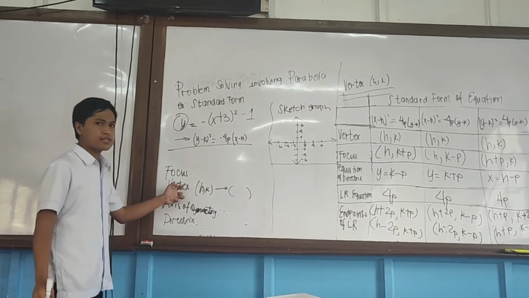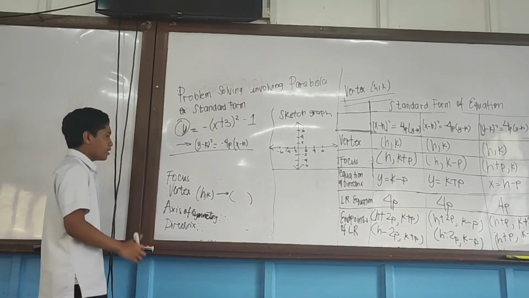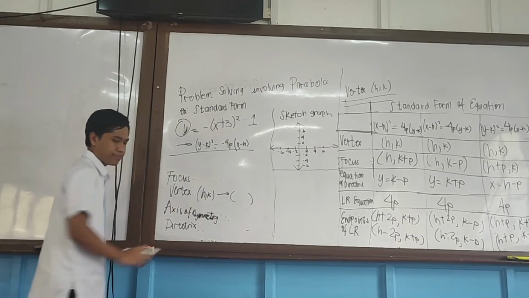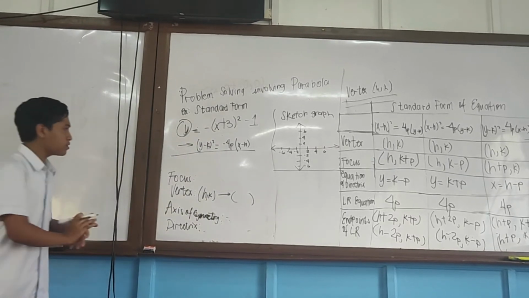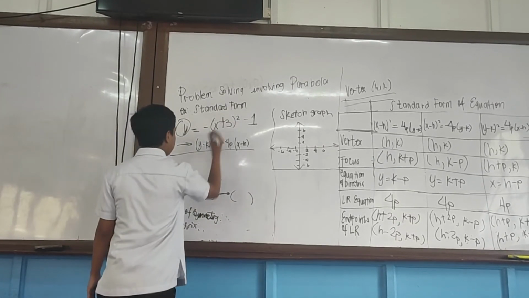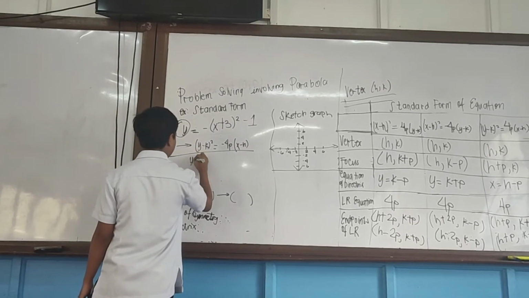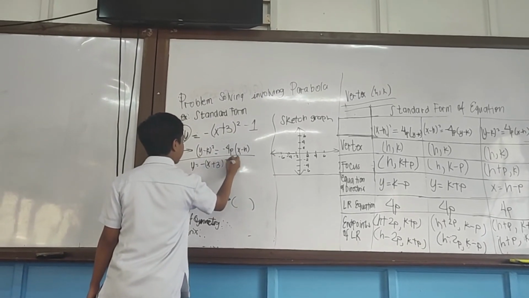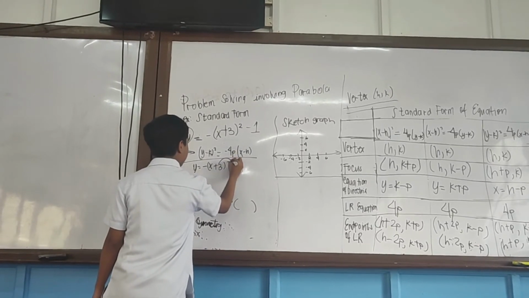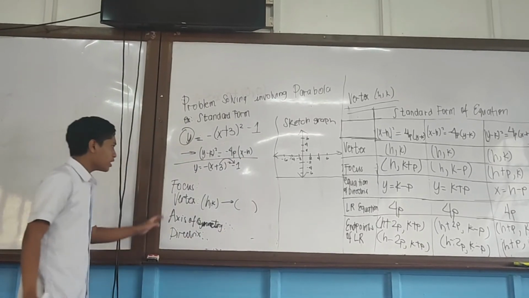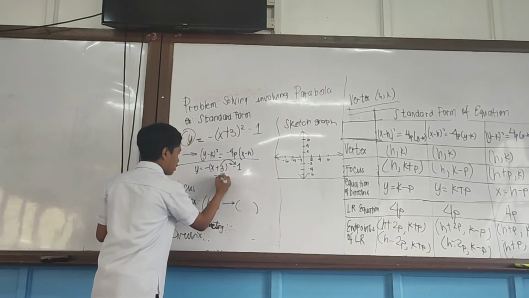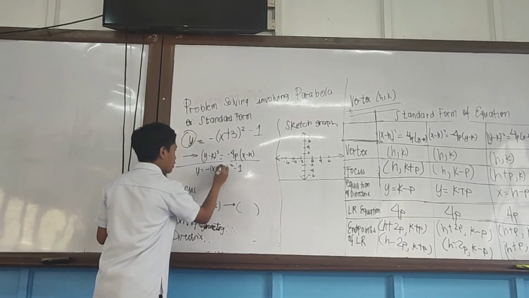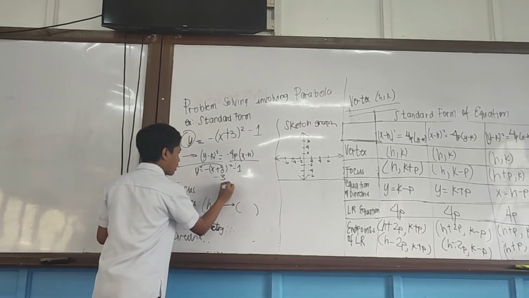Now first, let's find the vertex in (h, k) form. So, as we can see, we have here negative 3.